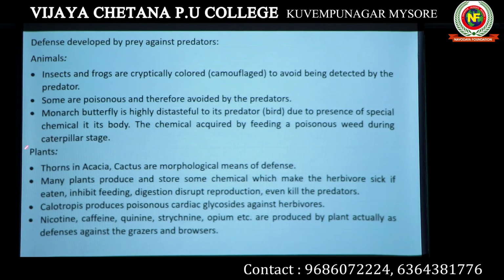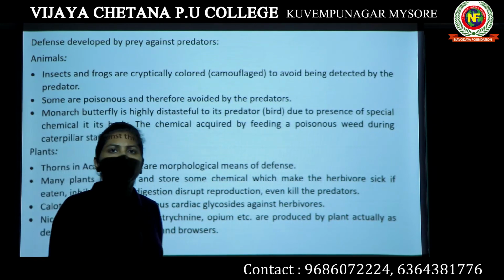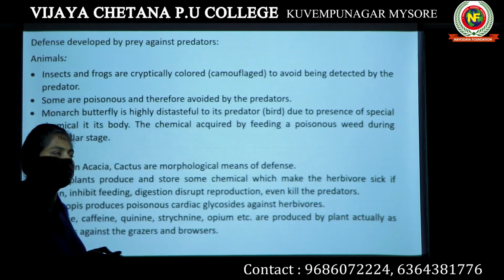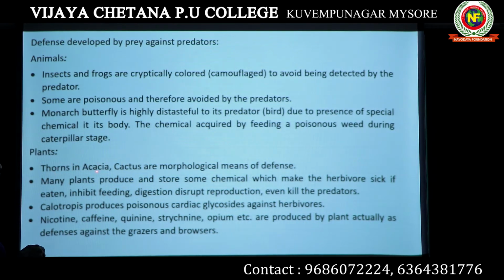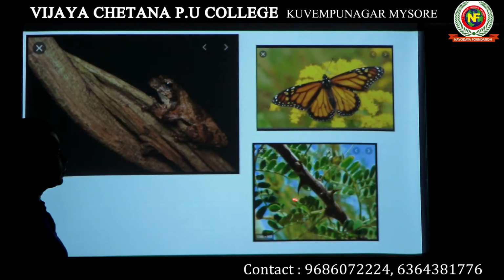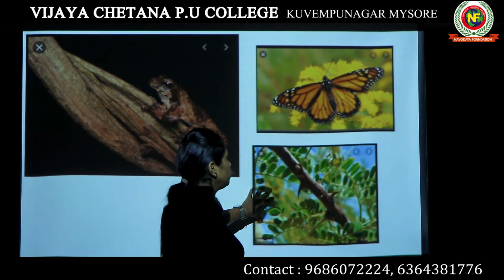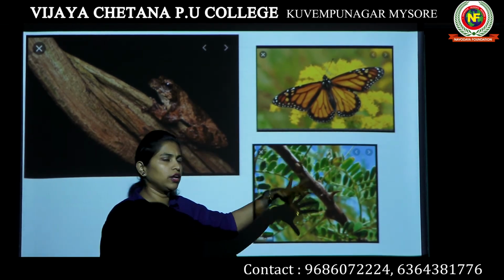Let's talk about different defenses developed by plants. The major one you all know: in order to avoid being eaten by predators, plants generally develop thorns. Thorns in acacia. This is acacia, a plant which produces bright yellow flowers.